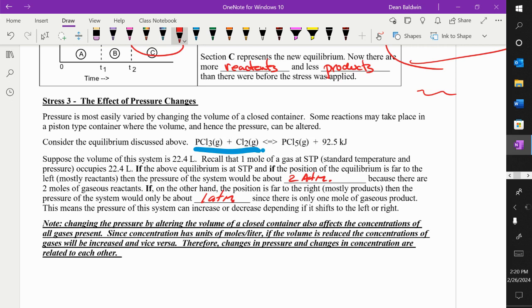If I shrunk this room down, do we want to stay in this room, or do you want to go out through the door? You want to go out through the door. So if you increase the pressure, that's shrinking the volume, because pressure is just how many molecules are hitting each other. If you shrink it down, you increase the pressure, you're going to shift to the side that has fewer gas molecules.